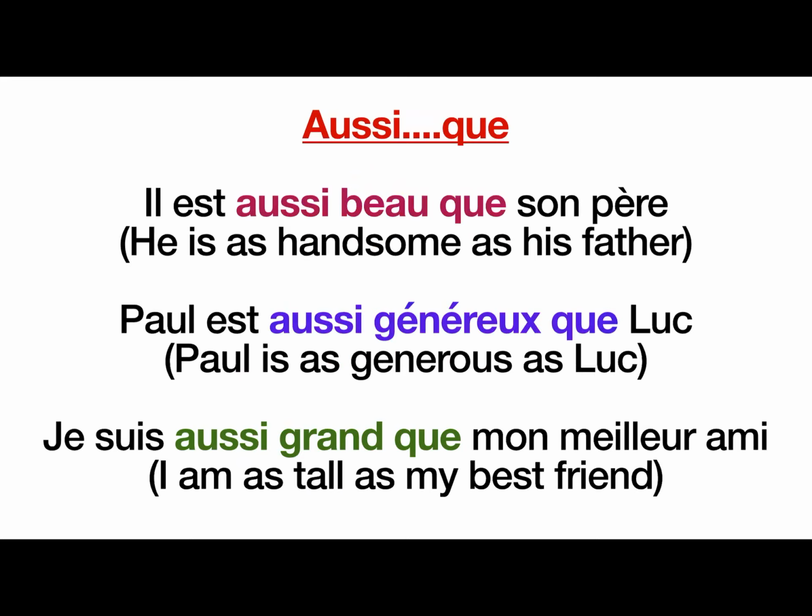Aussi généreux que. Je suis aussi grand que mon meilleur ami. I am as tall as my best friend. If I wanted to say I am as small as my best friend, je suis aussi petit que mon meilleur ami. So aussi que is as, something as small as, chatty as, intelligent as, etc.